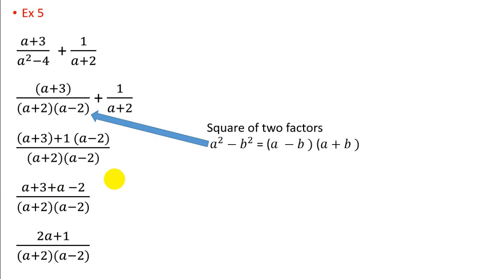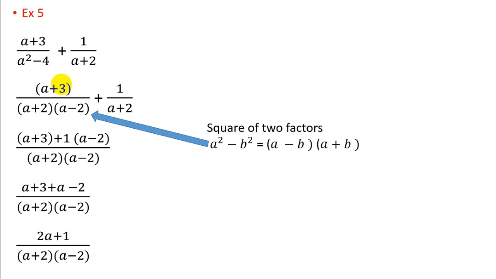So this is a little complicated. In other words, I say a little difficult, because if someone doesn't understand how to apply the square of two negatives, which means a square minus 4 can be factorized as a minus 2 into a plus 2, that student will not be able to solve this problem.